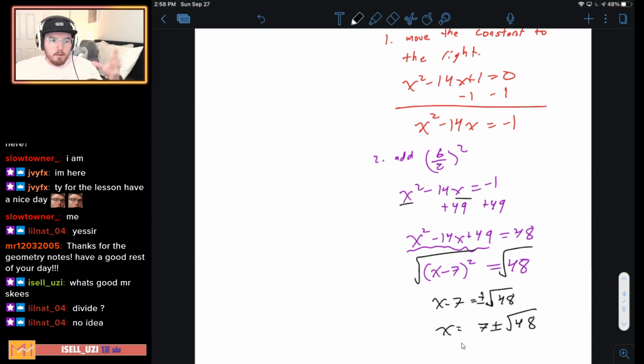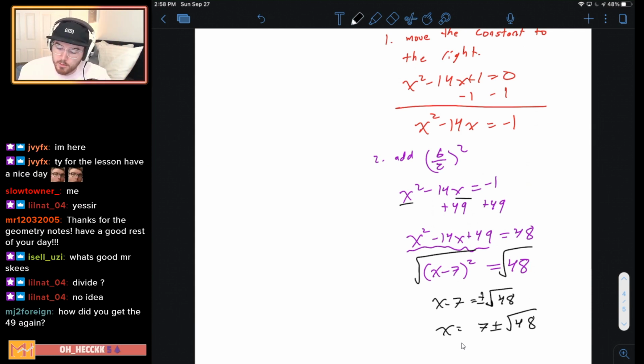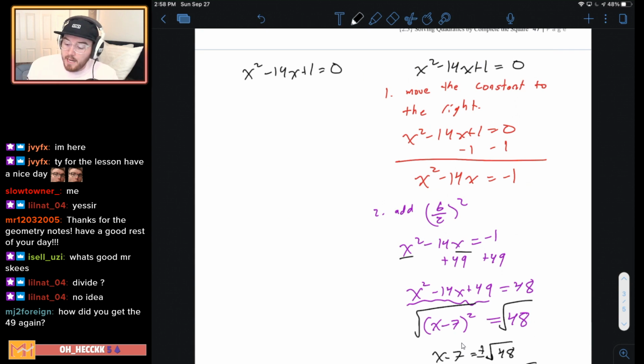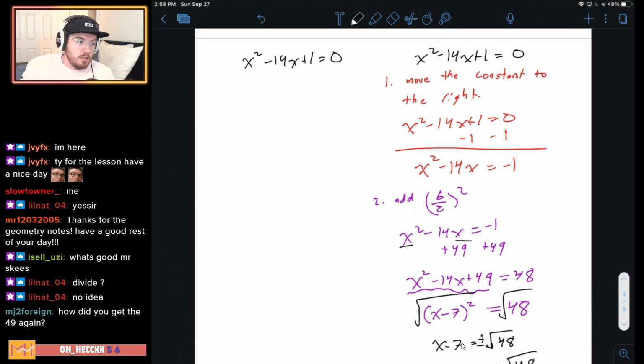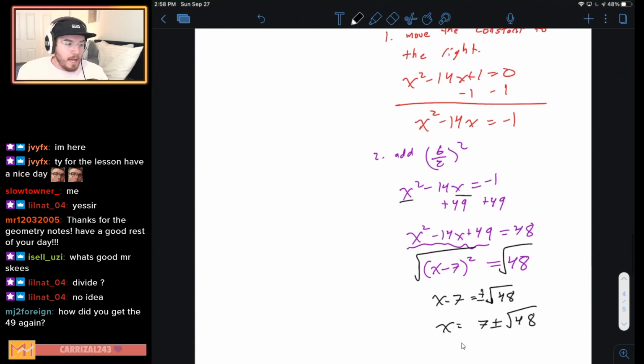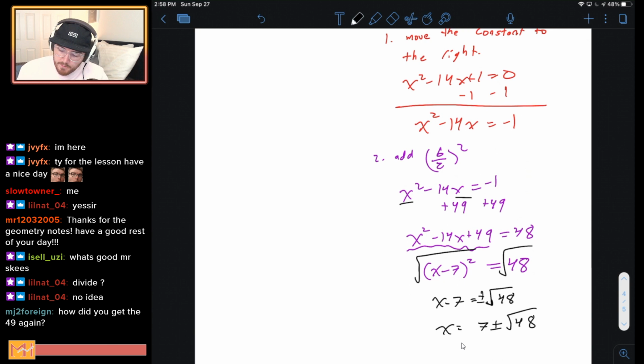So I made this squared thing, x minus 7, and I was able to take the square root. So compare that to how I got the 49. That was my completing the square, the skill that I was practicing: b over 2 squared. b is negative 14, divided by 2 is negative 7, squared is 49.